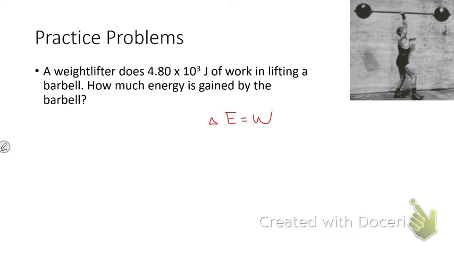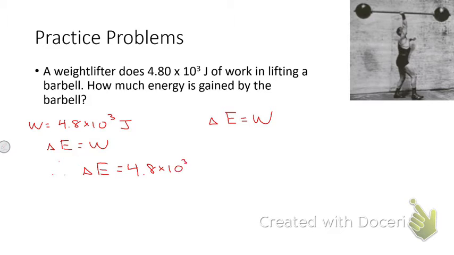Yeah, perfect, right? We know that the work done is 4.8 times 10 to the 3 joules, and we know that the change in energy is equal to work. Therefore, if you ever see 3 dots like that, that means therefore. So therefore, change in energy is equal to 4.8 times 10 to the 3 joules.